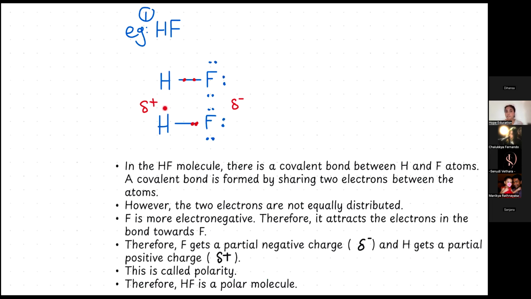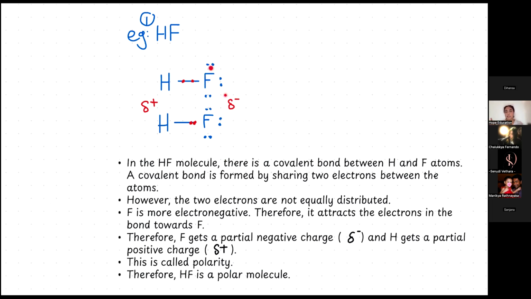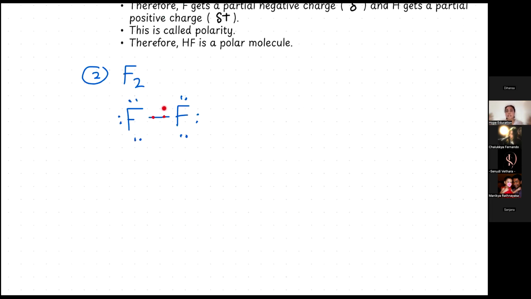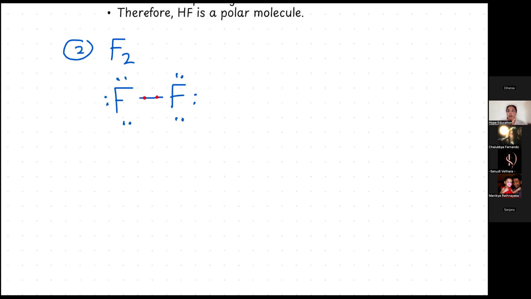Here, with hydrogen and fluorine, fluorine has the higher electronegativity. That means let's think of it as strong. It pulls the rope more, and the rope is the two electrons. So the two electrons go more toward the fluorine side. Here with two fluorines, they both have the same electronegativity, so both pull with the same force, and the rope goes neither this way nor that way. So electrons are not moving this way or this way. Therefore, we say there is no partial negative or partial positive, right? So we call F2 a non-polar molecule. There is no polarity here. Right?